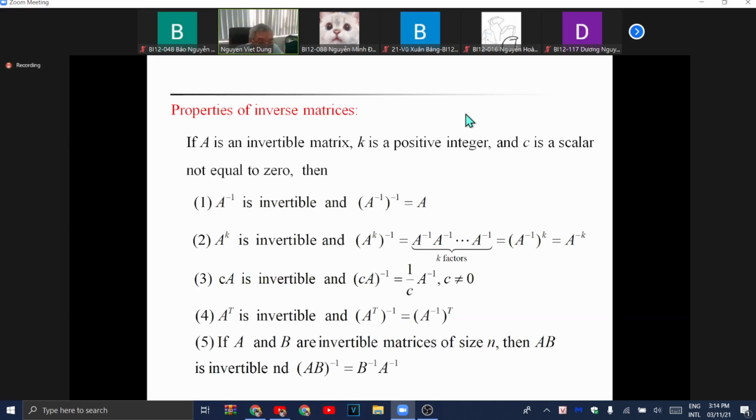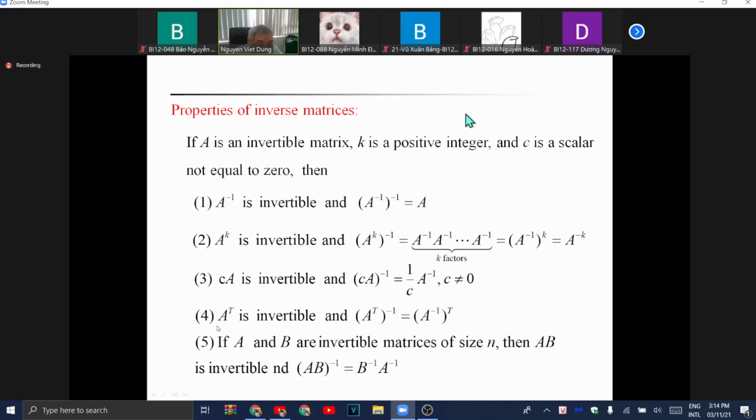Now, if C is a non-zero number, then the scalar multiple CA is also invertible, and its inverse equals 1 over C multiplied by A inverse. By that, you will understand why we require that C must be non-zero, because otherwise we cannot write 1 over C.